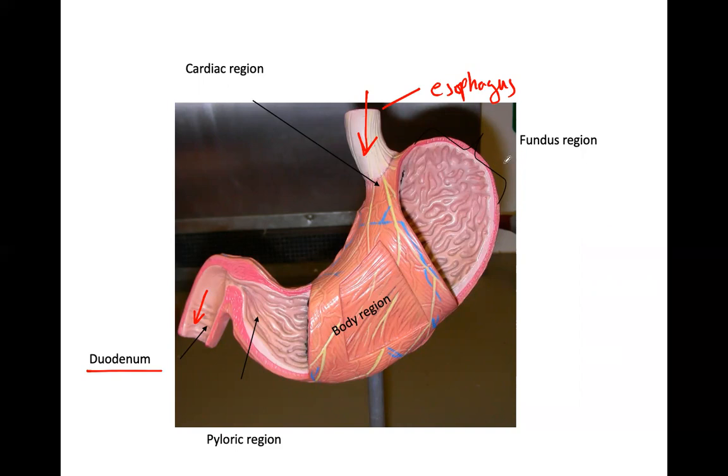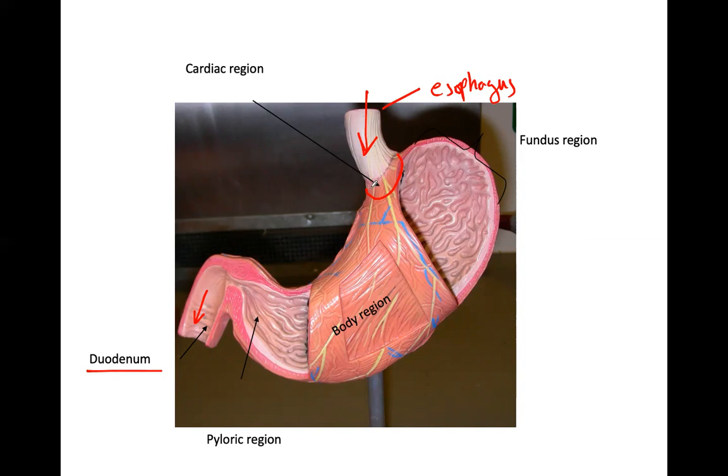Now, a stomach has specific regions. The area right where the esophagus enters the stomach is called the cardiac region. Because if you can imagine, your heart would be sitting right here. So cardiac implies heart. So this is basically within the proximity of the heart.